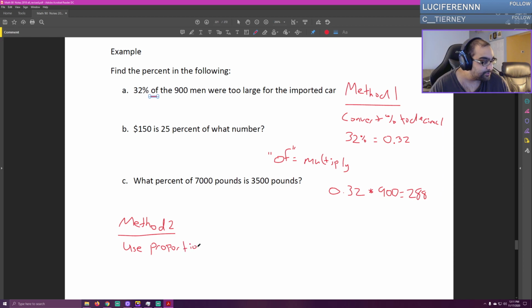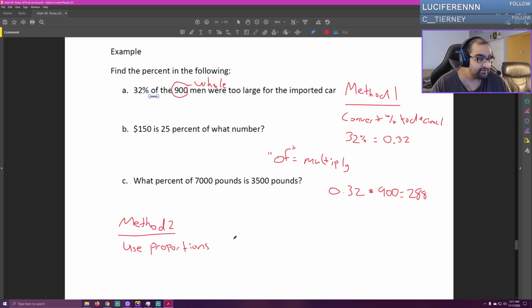We're going to use the part and the whole, and the percentage part. We're given the percentage part of 32. Now let's take a look at the 900. The 900 is the total amount of people that they tested, for example. This 900 is going to be your whole part.